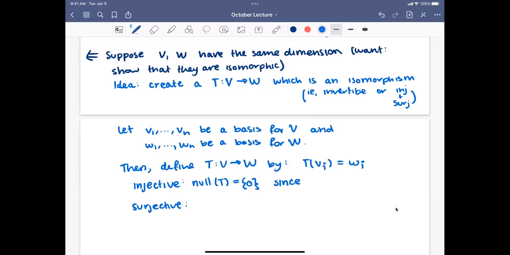Maybe I should write more because I just said a bunch of stuff. So if T of some vector V is equal to 0, whatever T of V maps to, it's some linear combination of the W's.